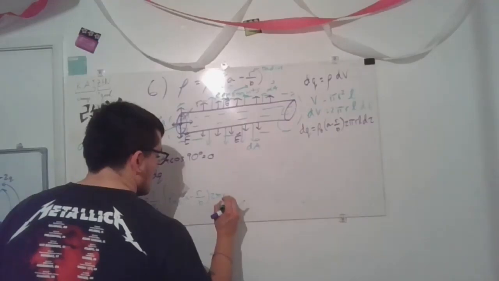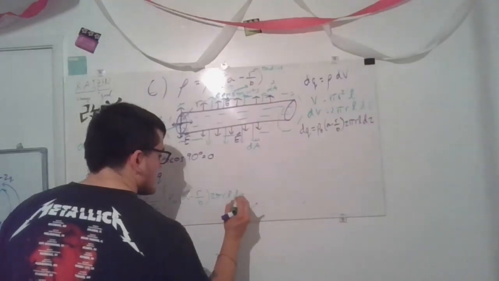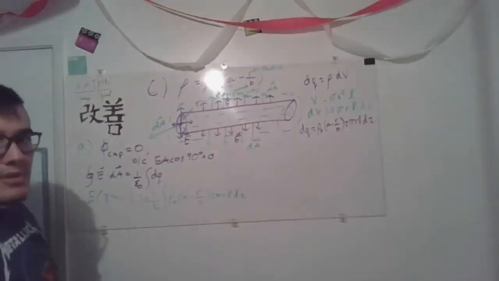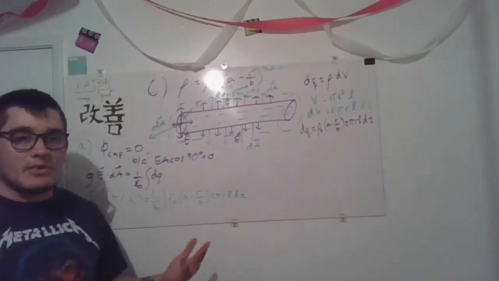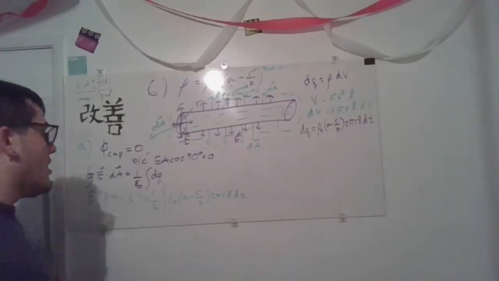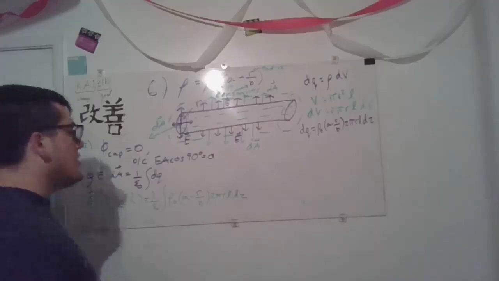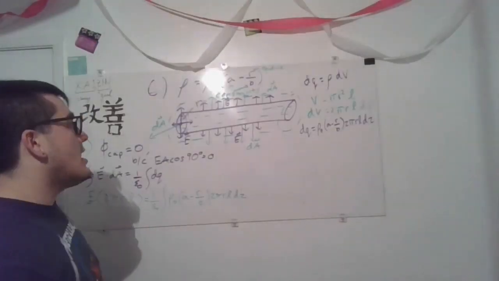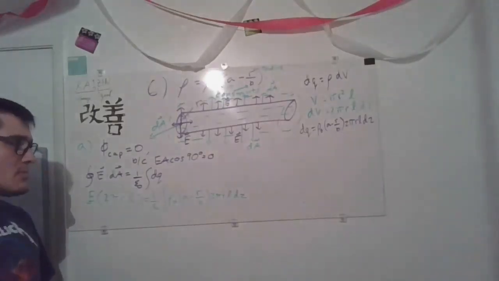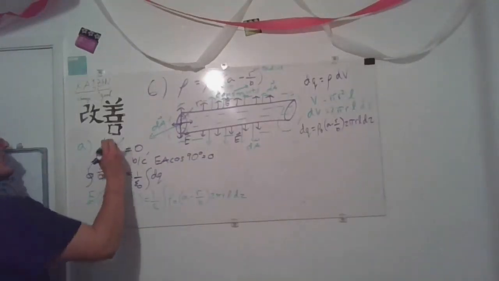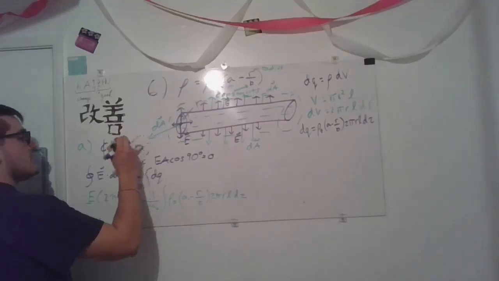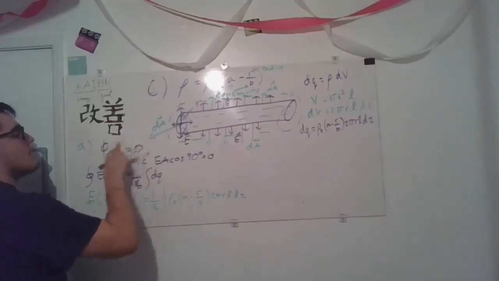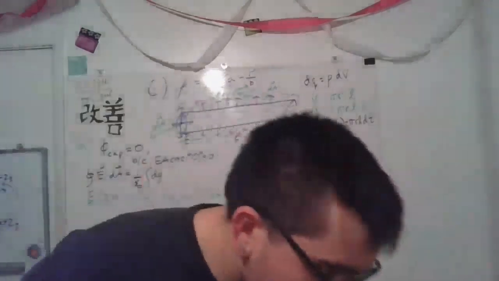Okay. From this point, you pretty much need to identify what is constant, what is not constant, and pull everything out that you can. You will have two integrals here since you have a minus sign. And what are the limits? For A, we're looking at r less than, hold on, let me see what the problem says.